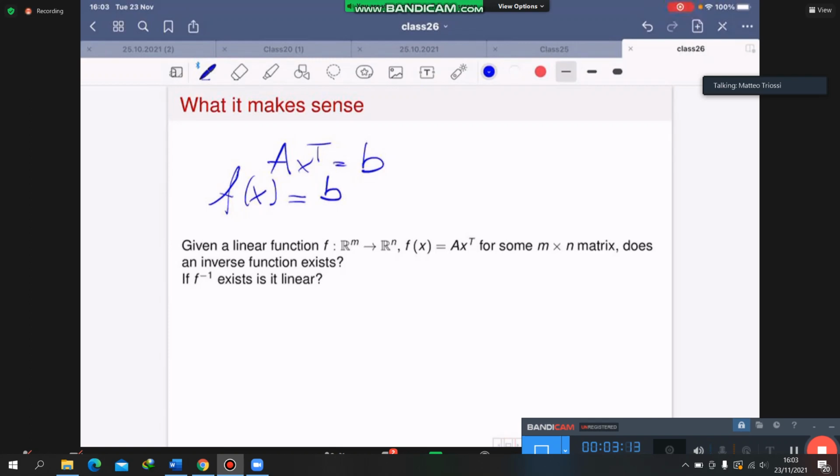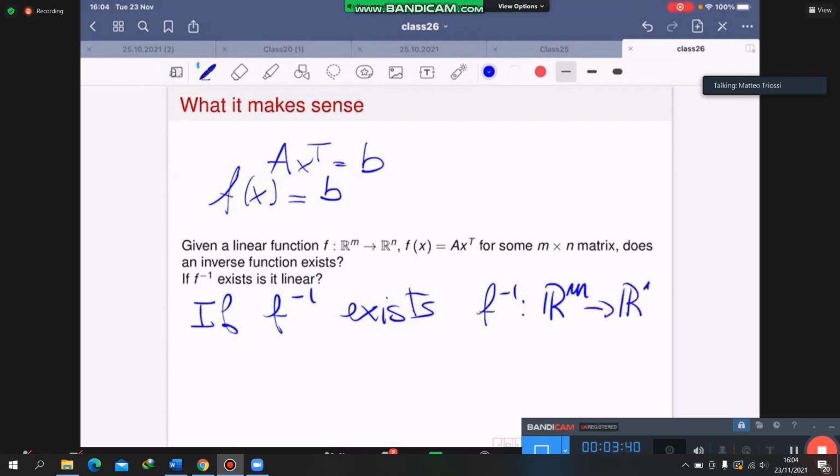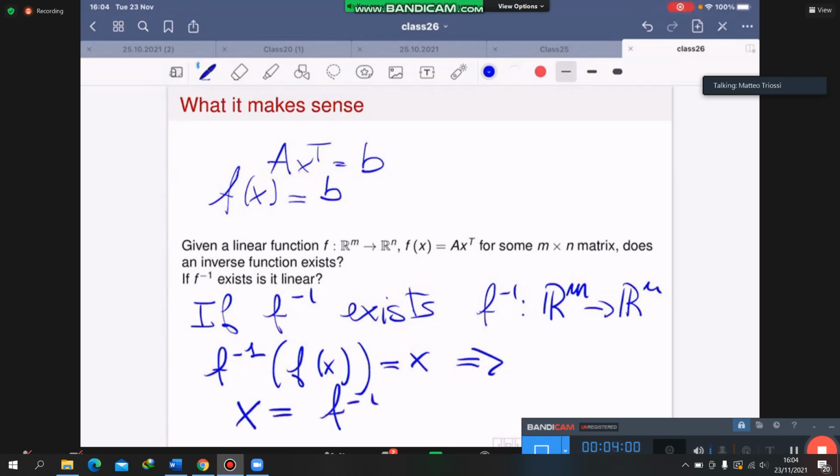If this function f is invertible, if f minus 1 exists, f minus 1 from R^m to R^n, then f minus 1 of f of x is equal to x, which implies that x needs to be equal to f minus 1 of b.